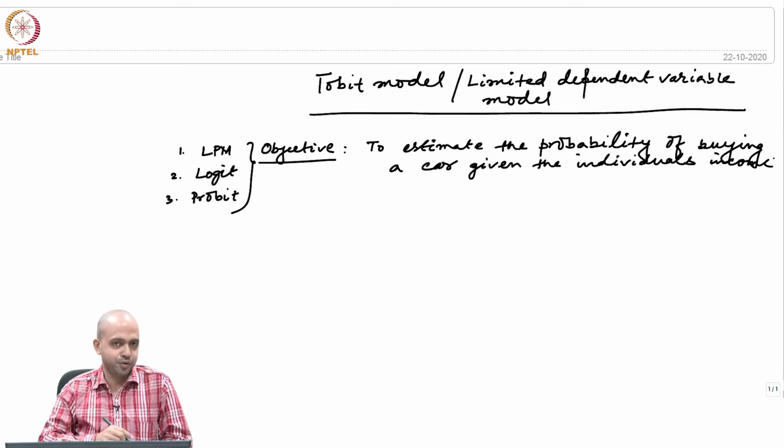So, it is not probability. If the income changes from 10,000 to 15,000, or 15,000 to 20,000, or 20,000 to 25,000, how does the individual's automobile expenditure respond to that change in income? That is our objective.